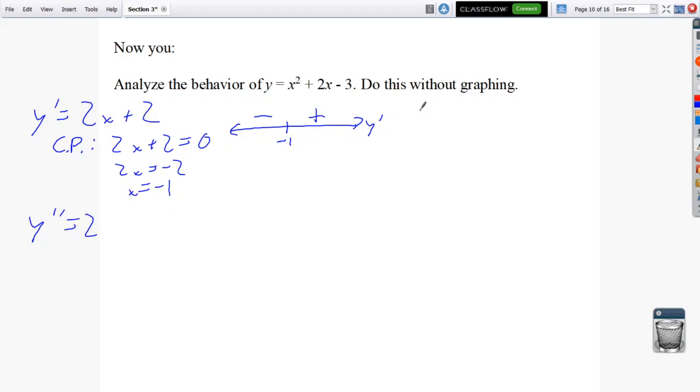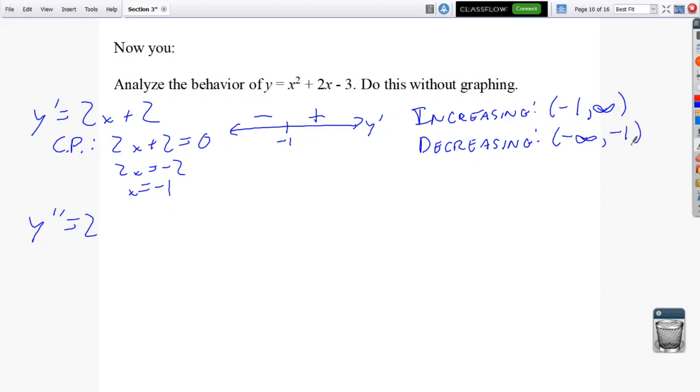So now I can see that this function is increasing from -1 up to infinity, decreasing from -infinity up to -1. And again, all I'm doing is looking at the sign here. Further, I can actually see if I sketch this in here, down and then up, I can see that -1 represents the location of my minimum.